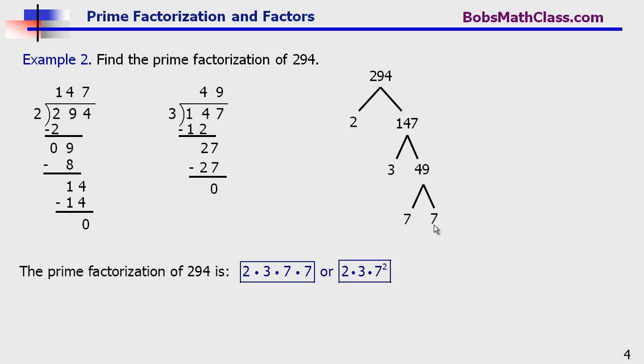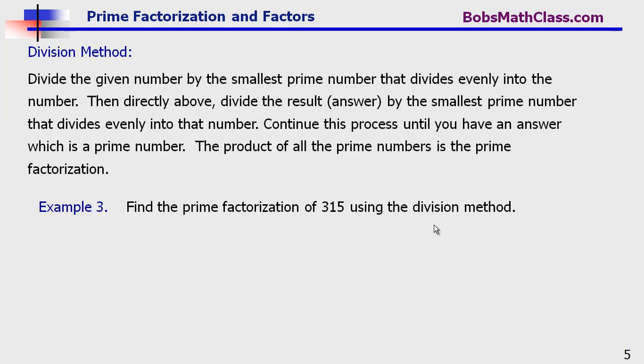Okay, let's go to the next example. There is another method called the division method. Divide the given number by the smallest prime number that divides evenly into the number. Then, directly above, divide the result, or your answer, by the smallest prime number that divides evenly into that number.